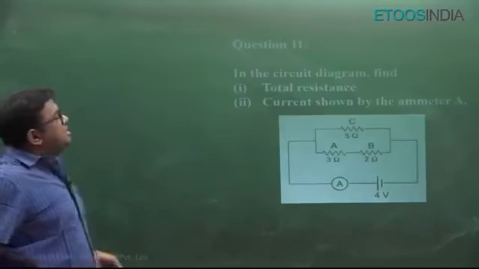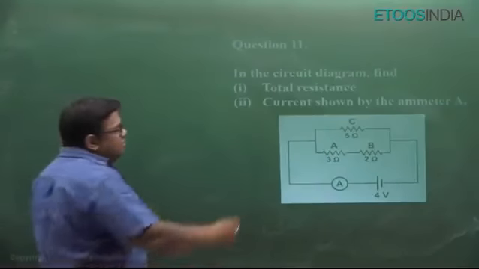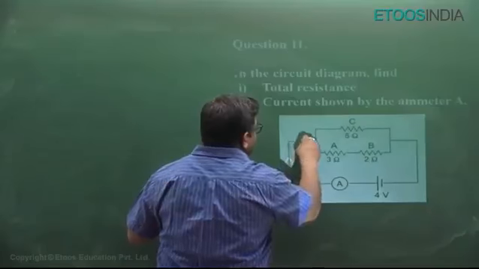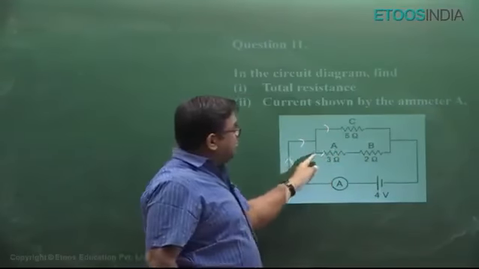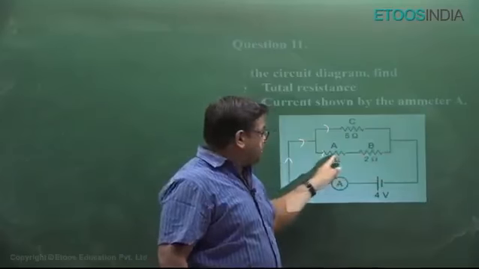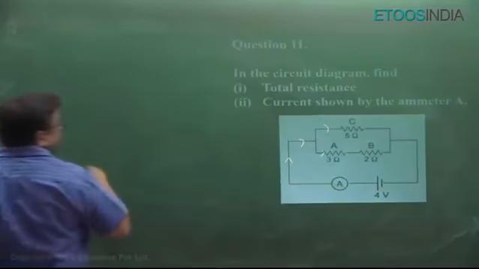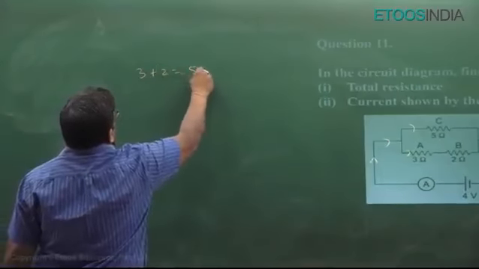See, in the circuit diagram, find the total resistance. It's very easy. We know that this portion is in series, because even though these two arms are in parallel, to pass current from this end to this end, it has to pass through each. So they are connected in series. The answer is 3 plus 2, 5 ohm.